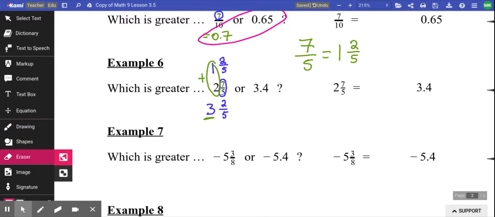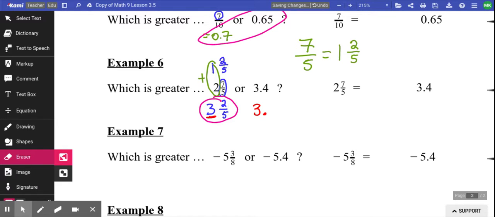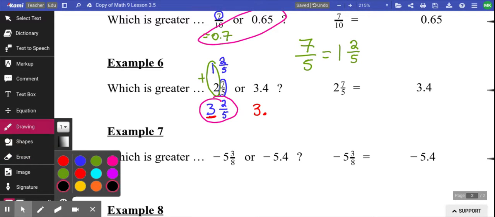At that point, if I have 3 and 2/5, this is the same thing as saying 3 point whatever decimal that fraction is. I'll use a different color than green. Right, that's what that means. 3 wholes point something. 2 over 5 we know is 0.4.